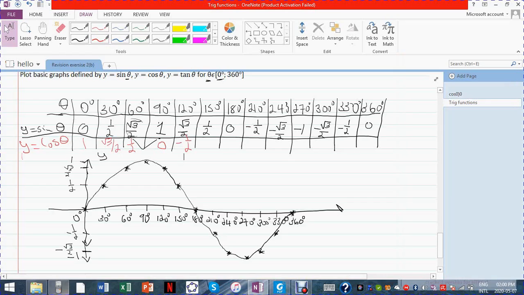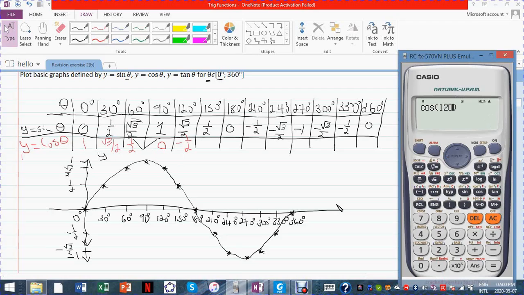Cos of 150 gives us negative square root of 3 over 2.